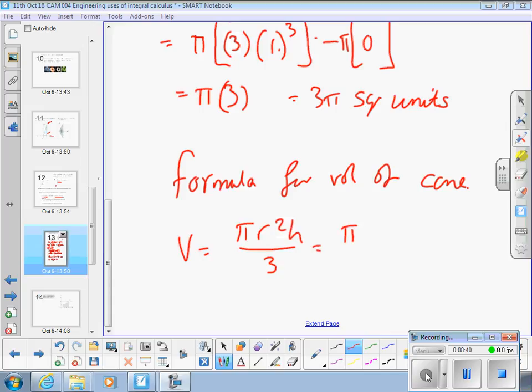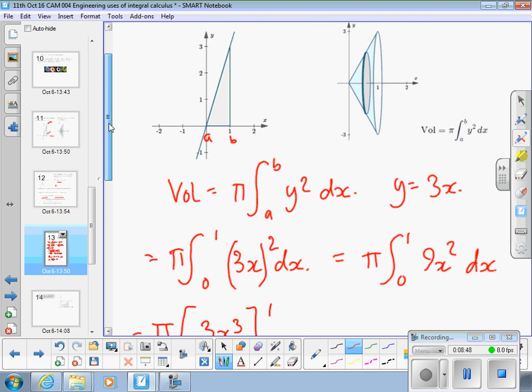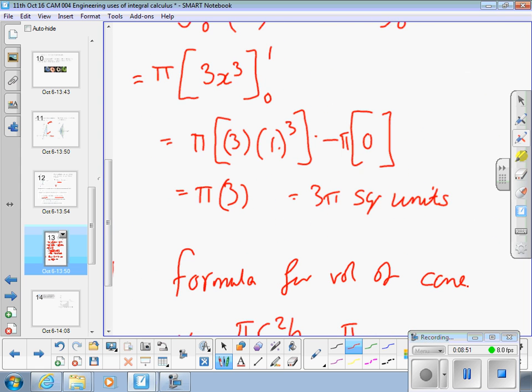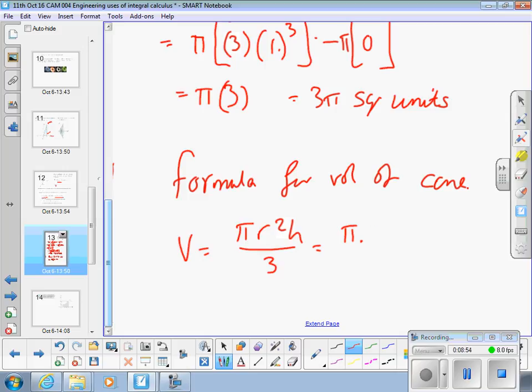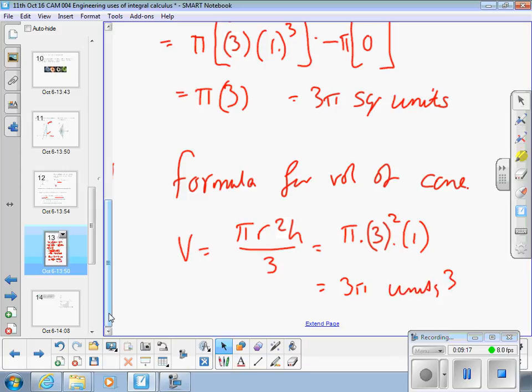So that's pi times r was 3, wasn't it? Times the height was 1. That's 3 squared, equals 3 pi units cubed. So just checking that with the formula.